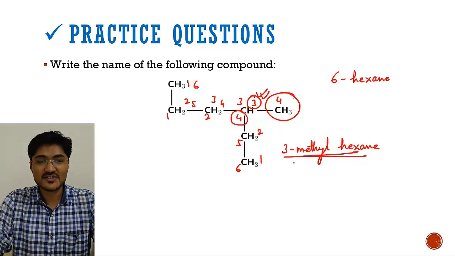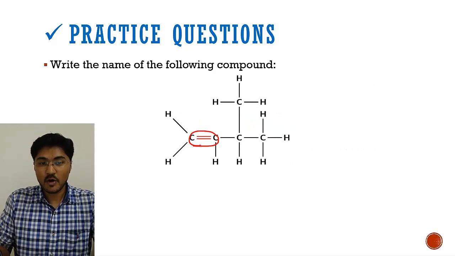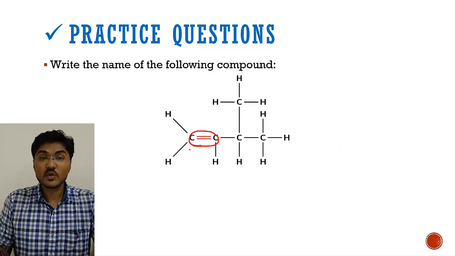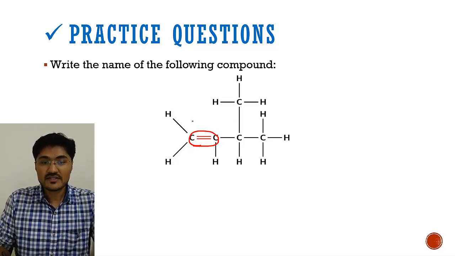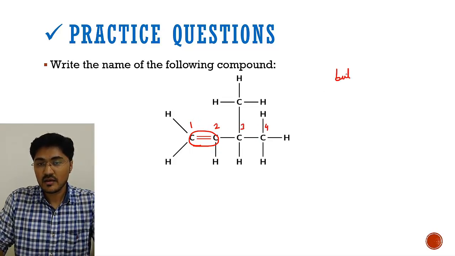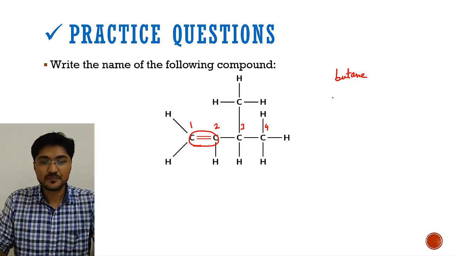Now let's look at the next. Here we have double bond and a branch as well. So another rule here is that the functional group needs to be given the smallest number. So we start here with 1, 2, 3 and 4. So 4 means butane.